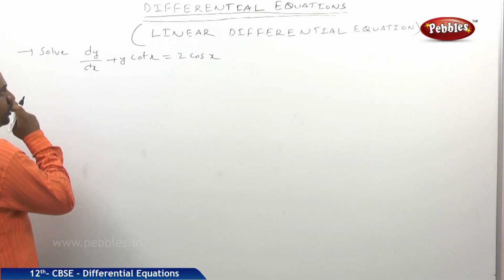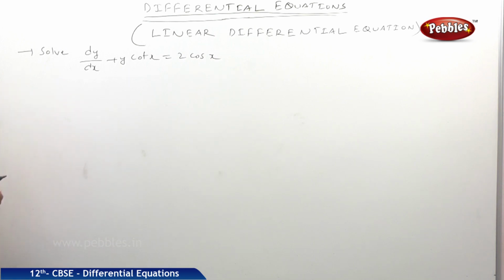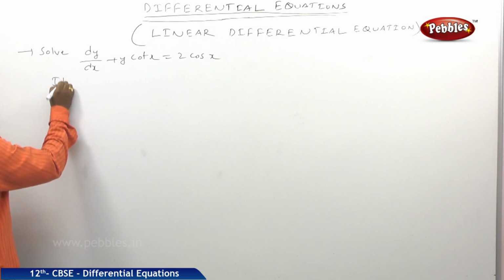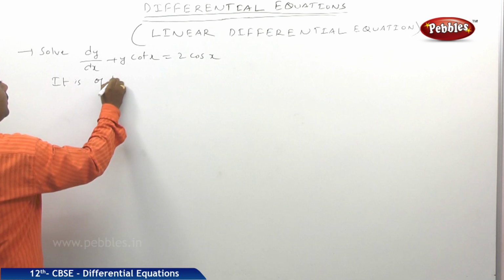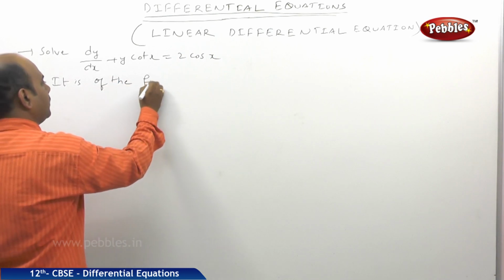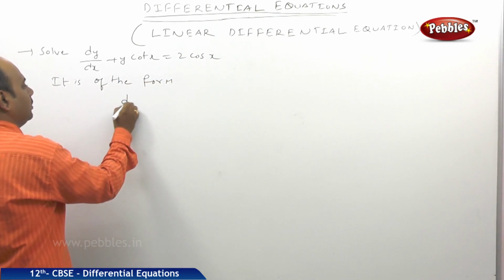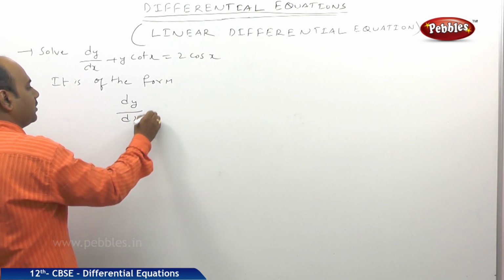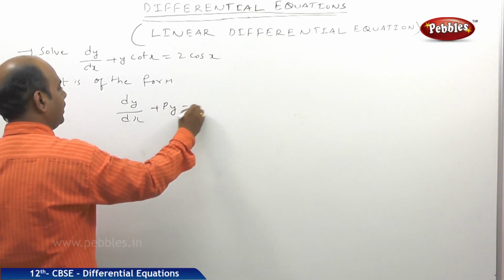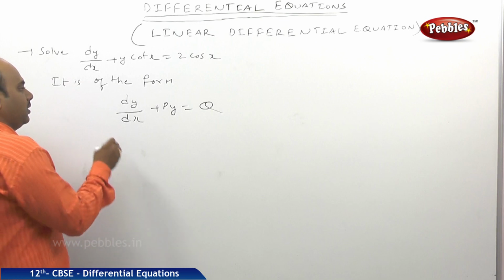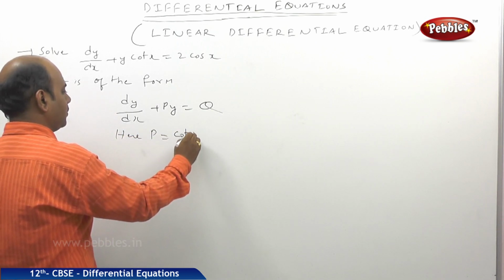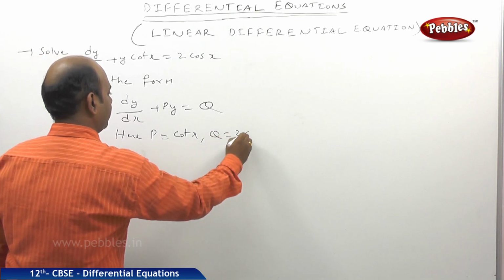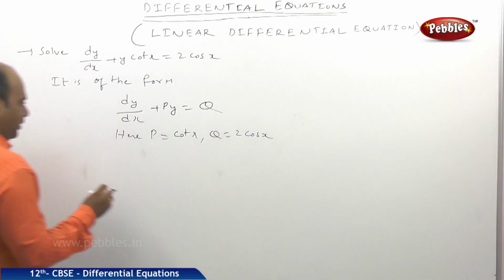This is the given differential equation for us: dy by dx plus y cot x is equal to 2 cos x. So it is linear, it is of the form dy by dx plus py is equal to q. So here p is equal to cot x and q is equal to 2 cos x.